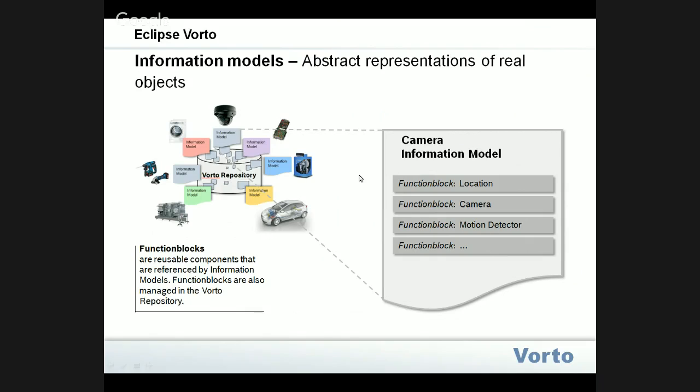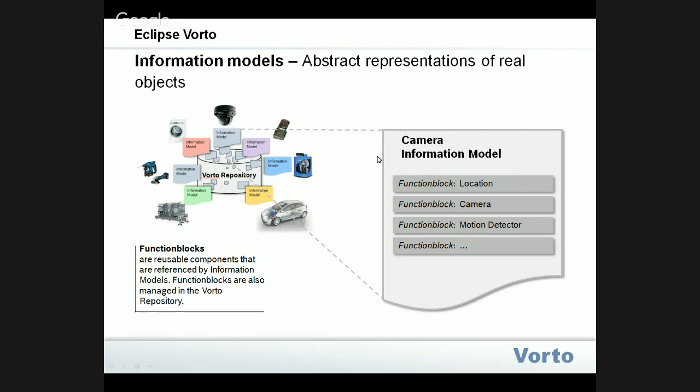But if we look now at this part, location, then we see, okay, a location is not only a useful thing for a camera. Of course, this is also useful for a car information model. A car information model, for example, can describe an interface of a car that is provided for applications. So a very important point on Vorto's side is that we want to reuse as much as possible.